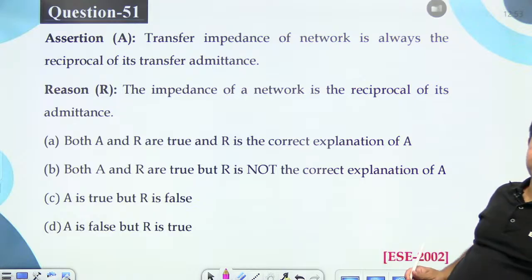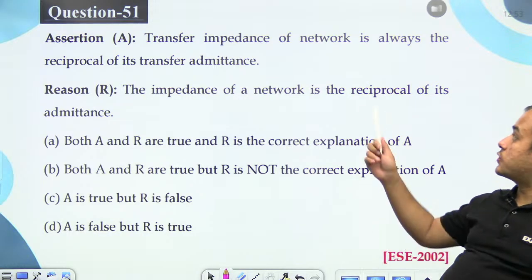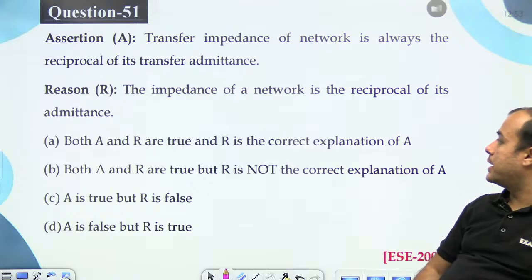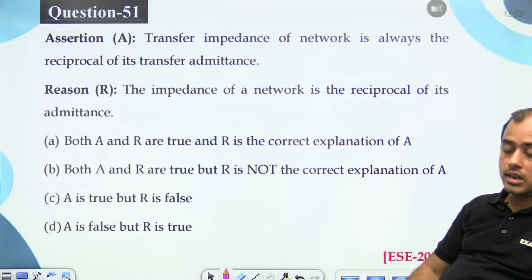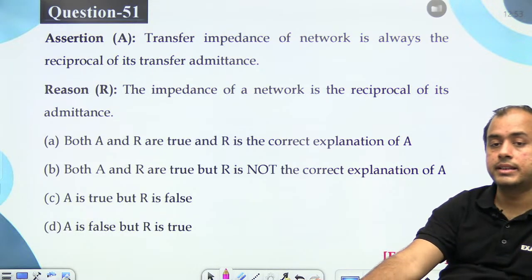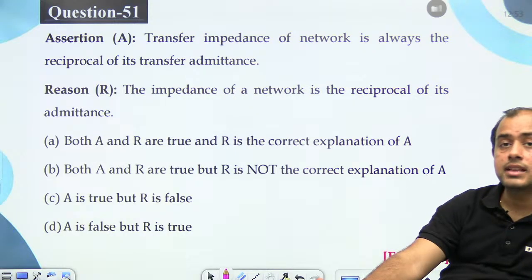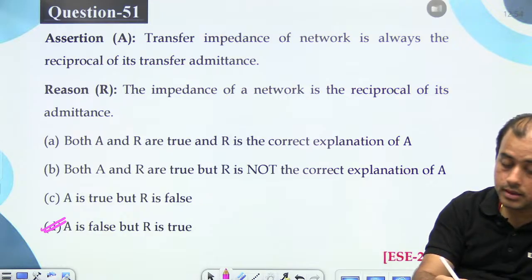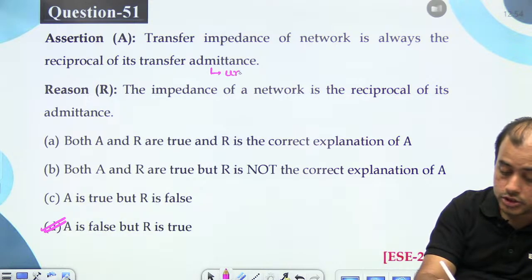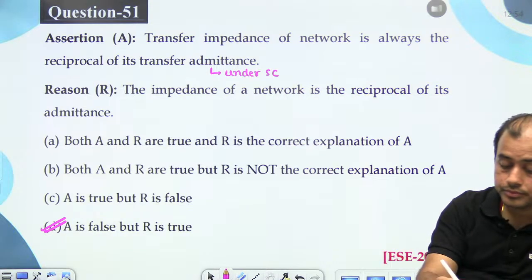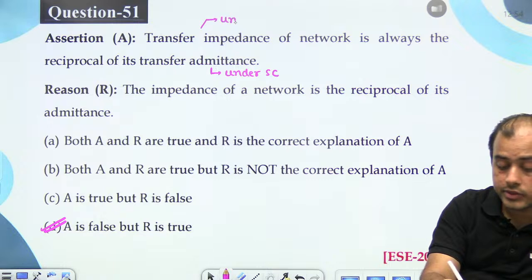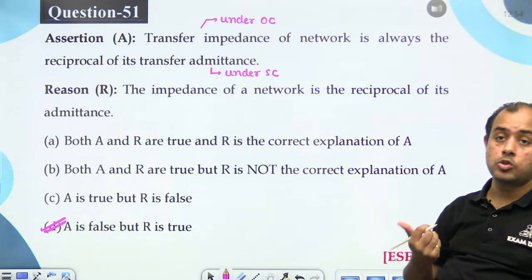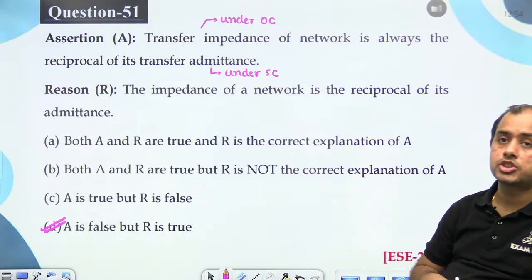हाँ जी, नेक्स्ट इज ESE 2002. ट्रांसफर इम्पिडेंस इज ऑलवेज द रेसिप्रोकल ऑफ ट्रांसफर एडमिटेंस। बताइए, क्या ट्रांसफर इम्पिडेंस हमेशा ट्रांसफर एडमिटेंस का रेसिप्रोकल होगा? नो, बिकॉज दिस विल बी अंडर शॉर्ट सर्किट और इम्पिडेंस वी स्टडी अंडर ओपन सर्किट। याद है ना, Z parameters are open circuit parameters, Y are short circuit.